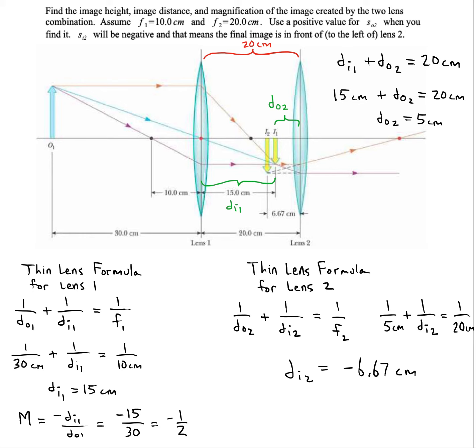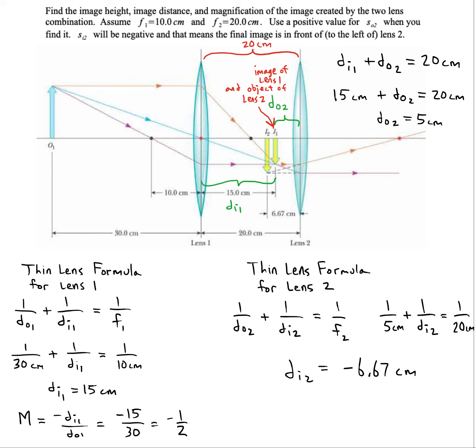The negative indicates that the image for lens 2 will be on the same side as the object for lens 2. I1 is the image of lens 1, but it is also the object of lens 2, so it serves two roles there.